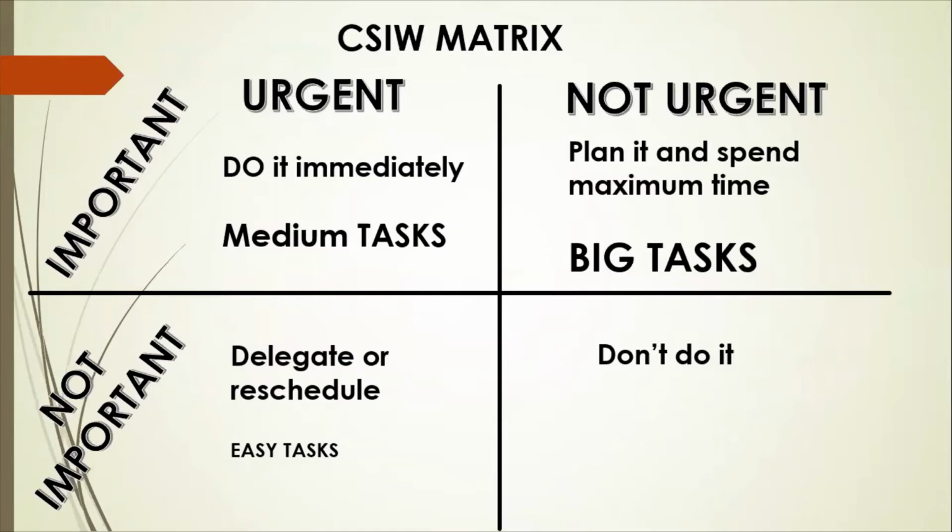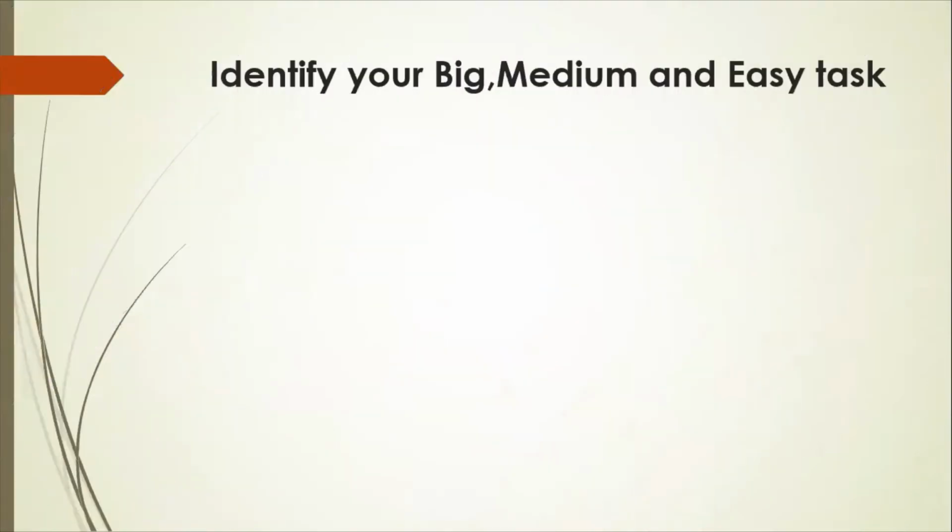The third are called easy tasks, which either should be delegated or rescheduled, or we should spend time on them when other tasks are completed. Fourth are the ones which we should not be spending time on. So basically, the CSIW matrix helps us identify our big, medium, and easy tasks.